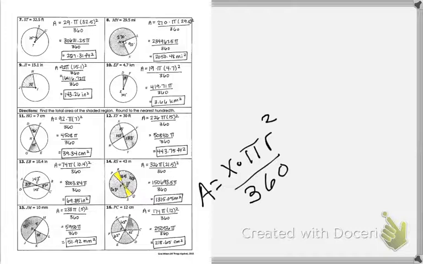So if I want to figure out how much we have, all we're going to do is 180 minus 17, which is 163. That's for one shaded region. So if I want both shaded regions, it would be 2 times 163, which will give you 326.